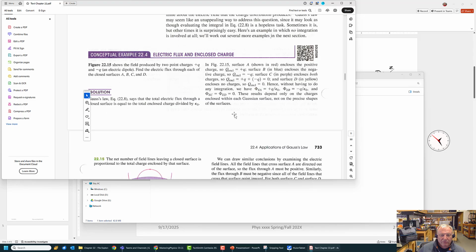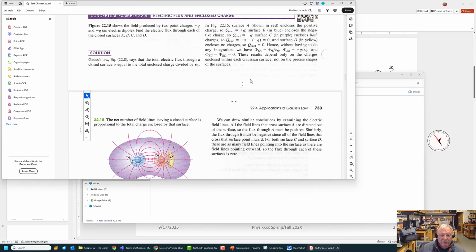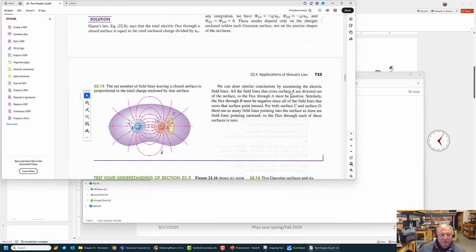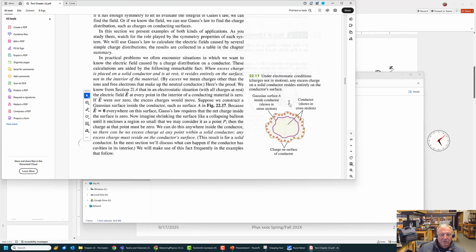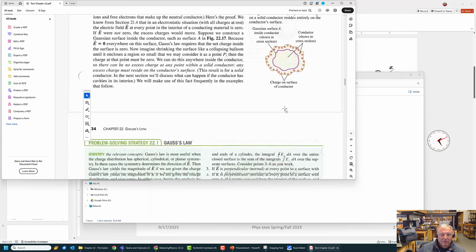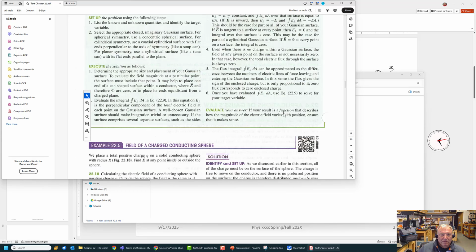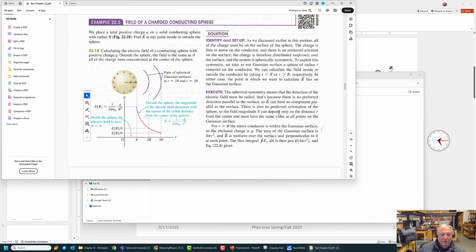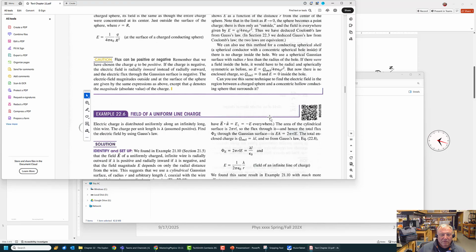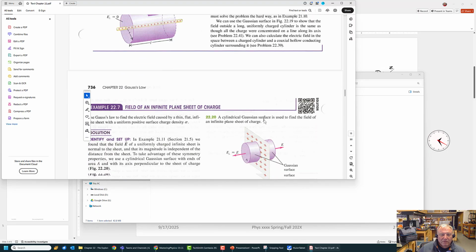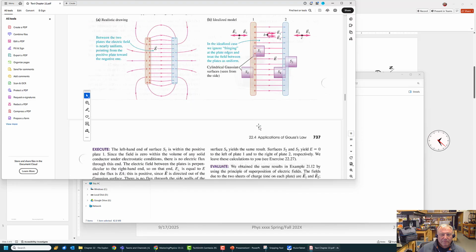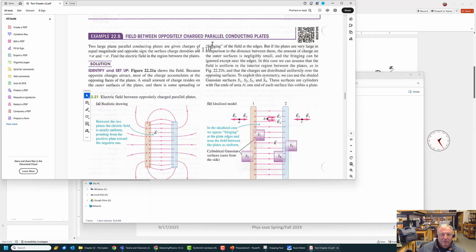Figure 22.15 shows a field produced by 2 point charges. Oh, we did that in class. Applications of Gauss's law. Right. And so, yeah. Right. See, there are not too many of them. Ah, this one. Okay.